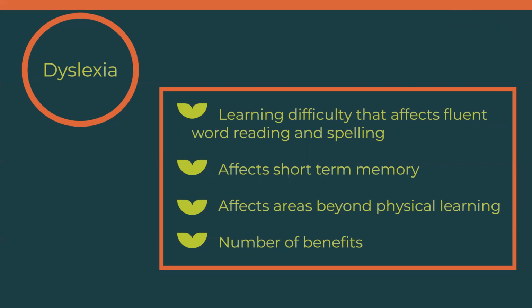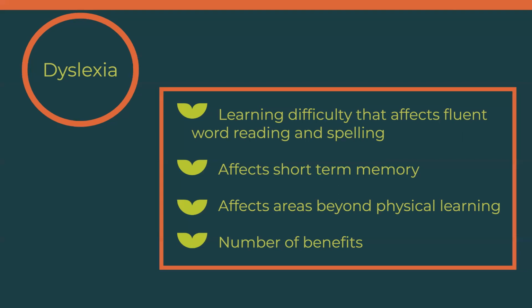It also affects your short-term memory. So when you're planning your lessons, you need to make sure you're catering to that, and that the lessons aren't based on their short-term memory being active most of the time. It also affects areas beyond physical learning, such as disorganization and not knowing your left and right, and all stuff like that.